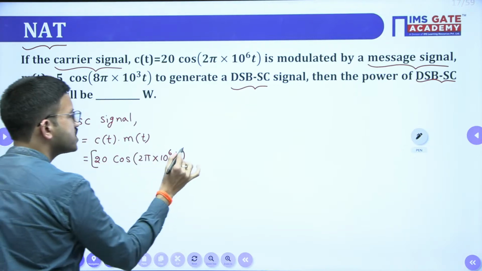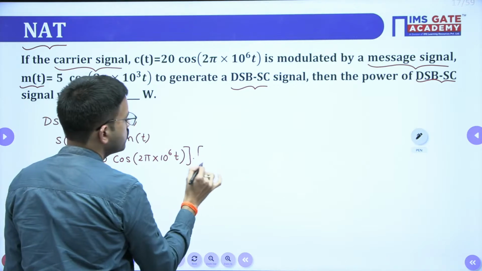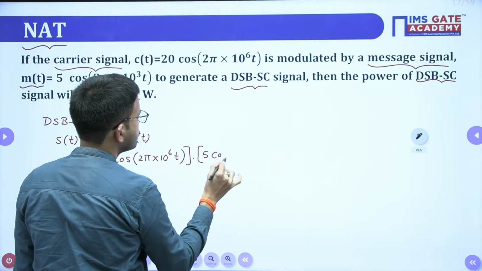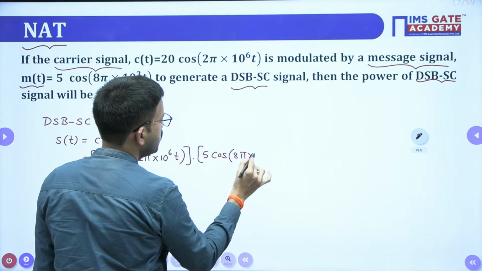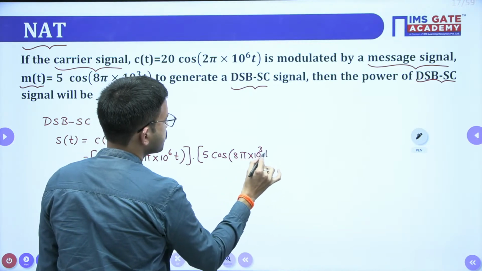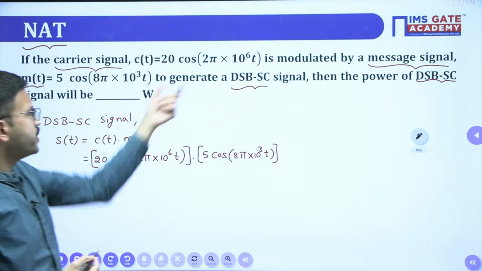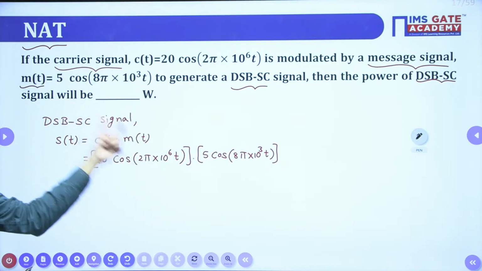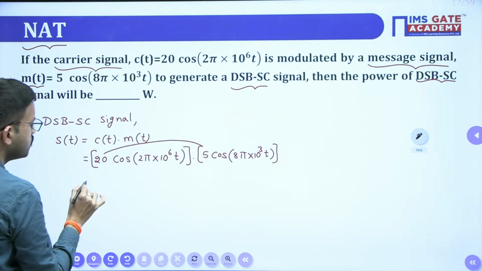And regarding message signal, they have given 5 cos 8 pi into 10 power 3 t. Now 20 into 5 is nothing but 100.